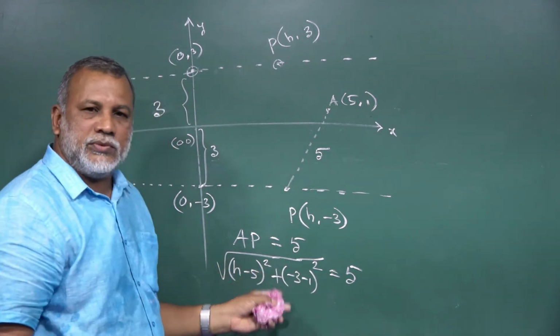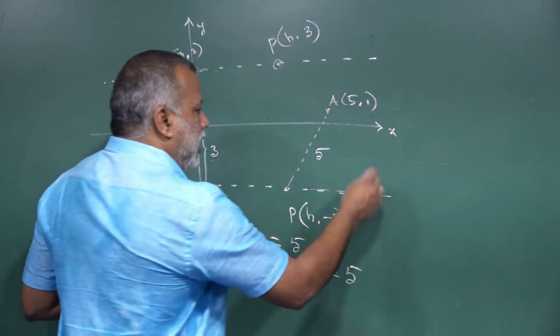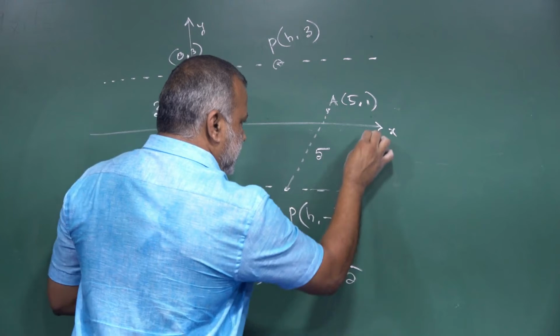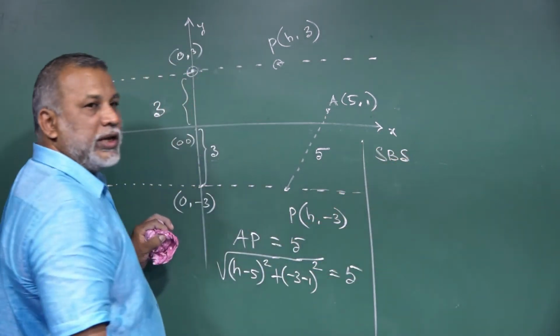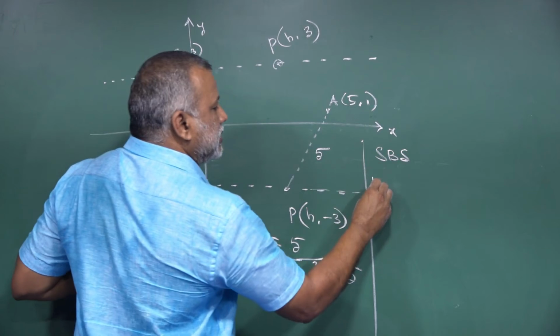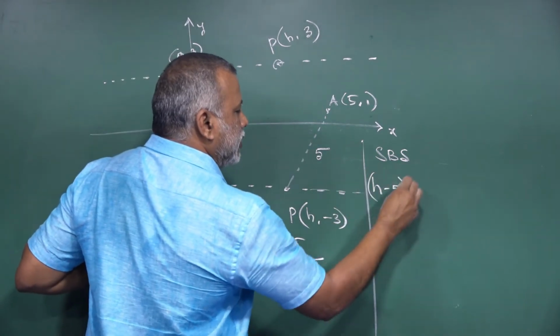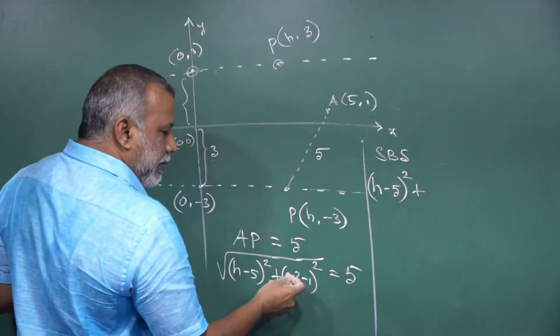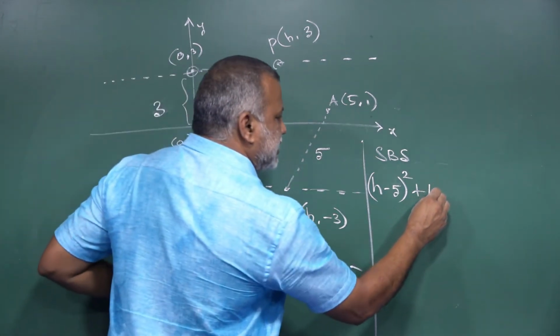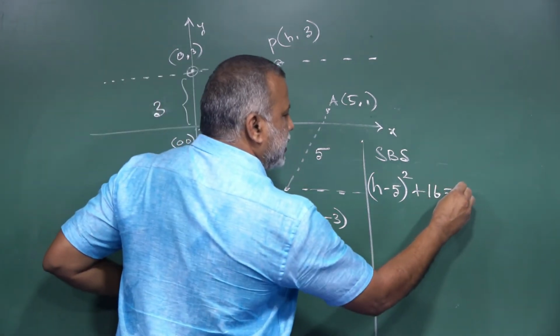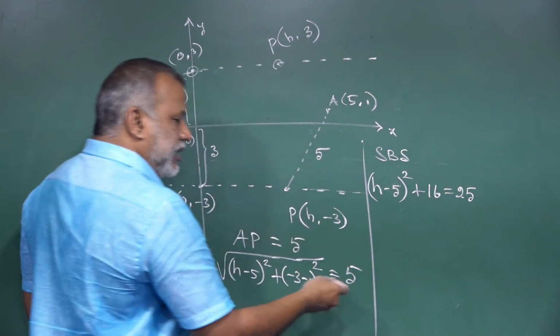Our aim is to simplify this equation. How do we simplify it? Squaring both sides, we get h minus 5 the whole squared plus minus 3 minus 1, which is minus 4. Minus 4 squared becomes 16, equal to 25.